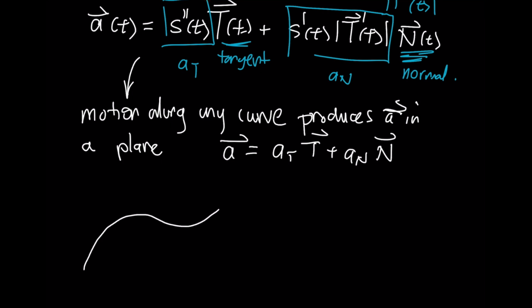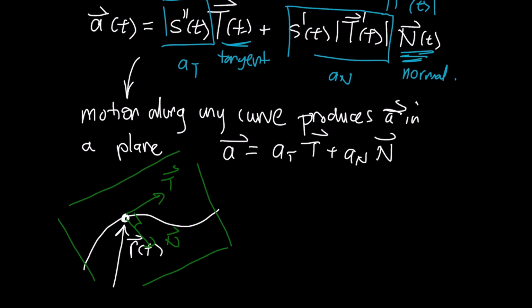So if I have some point here, there's my r of t, the unit tangent vector pointing like this, and then I have the unit normal vector pointing orthogonal to it. Those two will create a plane at any point along the curve, and the acceleration vector is some combination of them, so it lives somewhere in that plane.